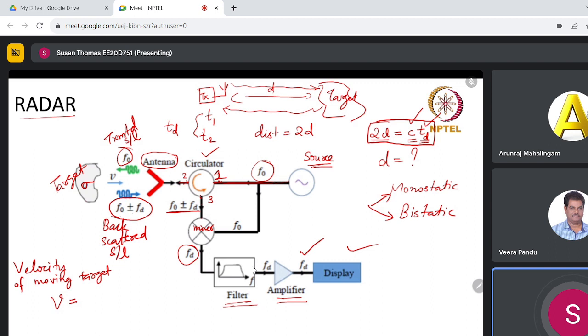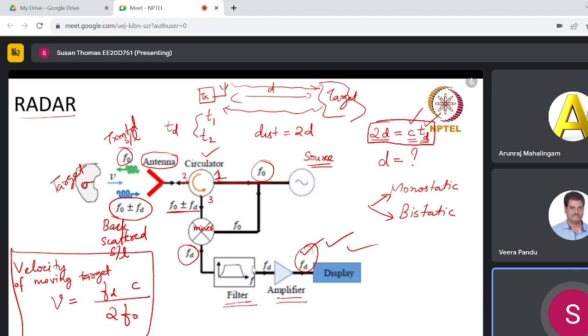The backscattered signal will have a shift in the frequency. You take out that shift, and you want to calculate the velocity of the moving target. You use this equation: Fd into C divided by 2 times F0. Please note this equation. This is really very useful for solving the assignment question.